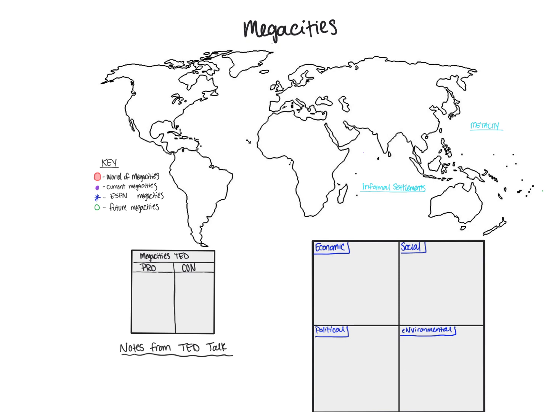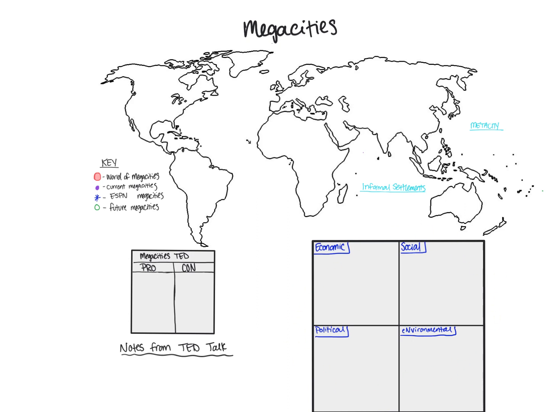Next step is to read through the story map. It's linked there on the slide, and it takes you through, I think, about 8 to 10 large cities. And for that part, you're going to make an ESPN chart. So you can see my ESPN chart here.